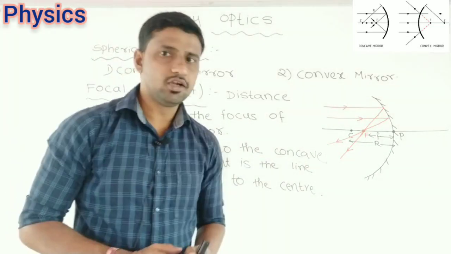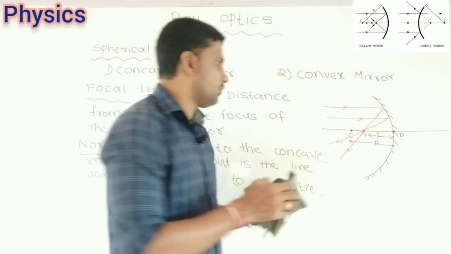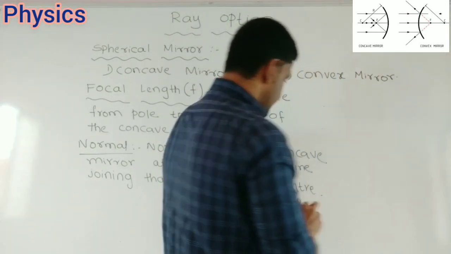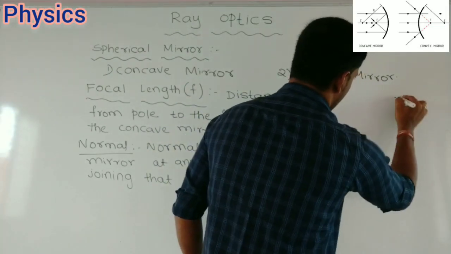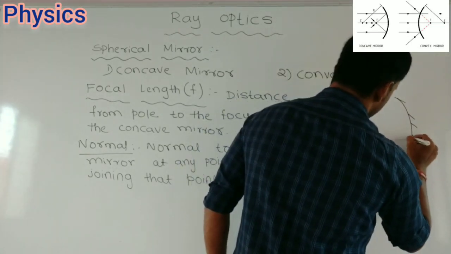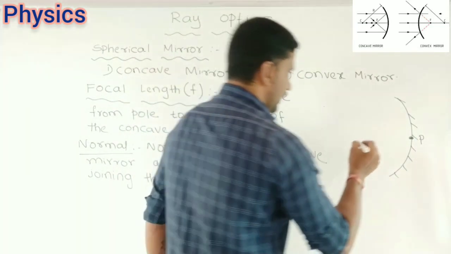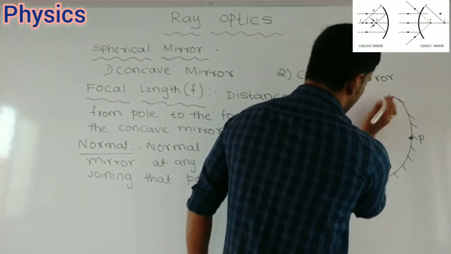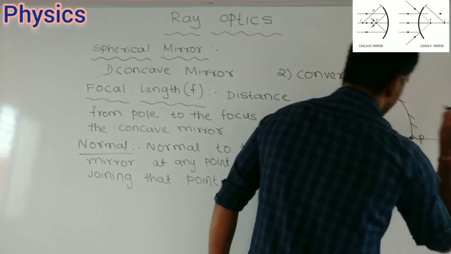Then how do we draw a normal in the case of the concave mirror? Let us see the normal in the case of a concave mirror. Here I am considering a concave mirror. This is a concave mirror, and it has one geometric center. That geometric center is the pole, and it has a center. The line passing through the center and the pole is called the principal axis.